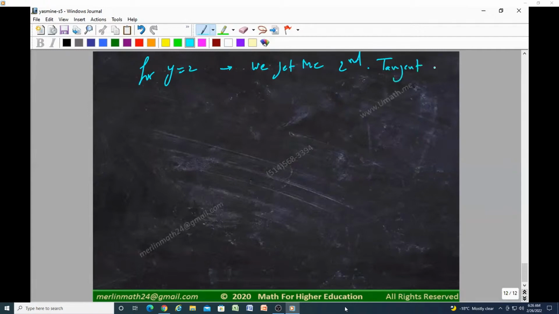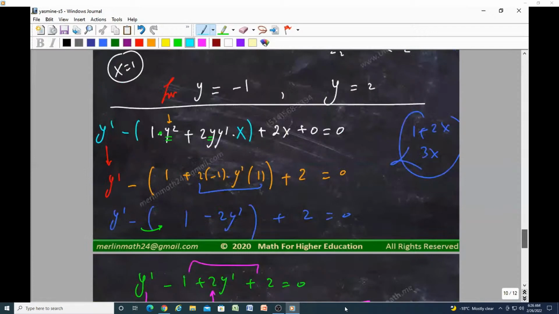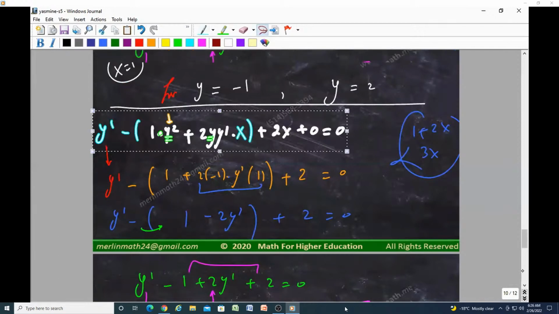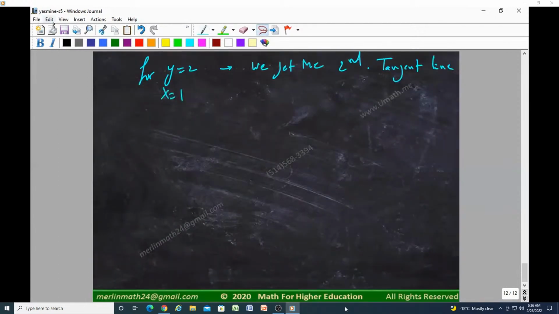Now remember y equal 2, x equal 1. But that should be replaced in the derivative. So you go back, you take the relation that has to do with the derivative, and you continue evaluating how much your derivative is. Go ahead.